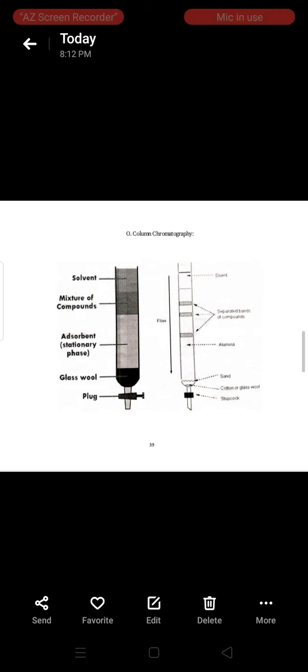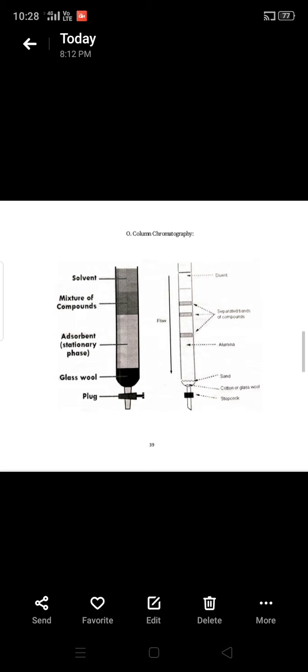The adsorbent is made into a slurry with a suitable liquid and placed in a cylindrical tube that is plugged at the bottom by a piece of glass wool or porous disc. The mixture to be separated is dissolved in a suitable solvent, introduced at the top of the column and allowed to pass through the column.